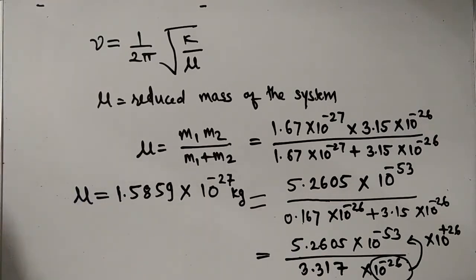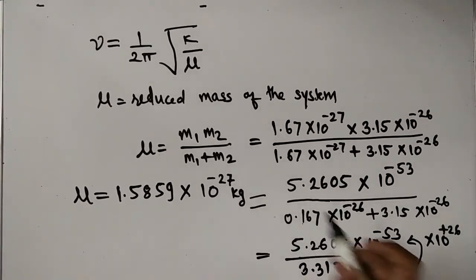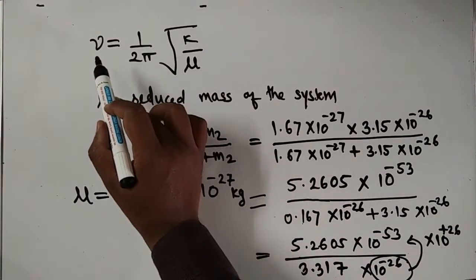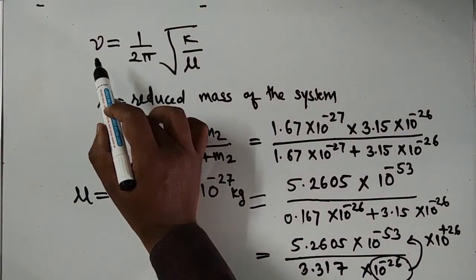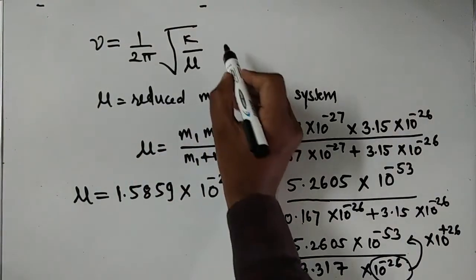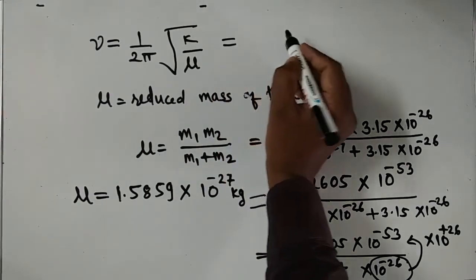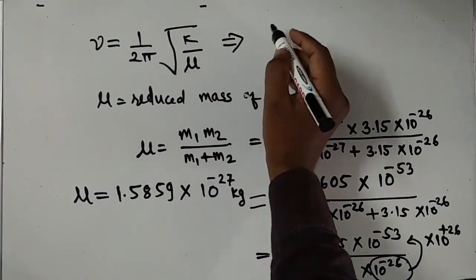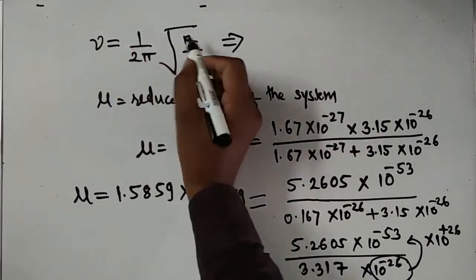Now we have to first calculate the force constant, and then we have to calculate the energies, right. We have already written the formula for the vibrational frequency. From there I can modify this formula to get the force constant. I can square both sides.